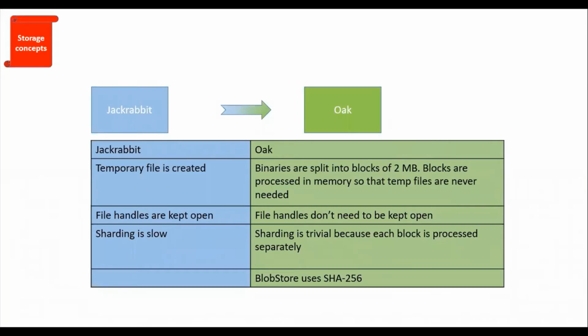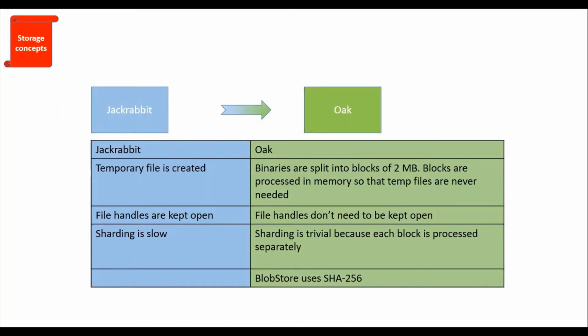Storage concepts. We all know that previous AEM versions used Jackrabbit as the backend storage option, whereas the latest one uses Oak. If we see the difference between Jackrabbit and Oak, the first one is that a temporary file is created whenever there is a file transaction happening, whereas in the latest Oak, binaries are split into blocks of 2 MB. Blocks are processed in memory so that temp files are never needed.